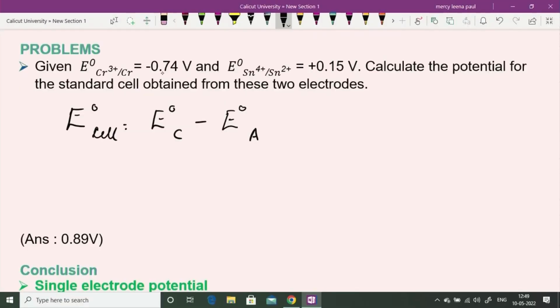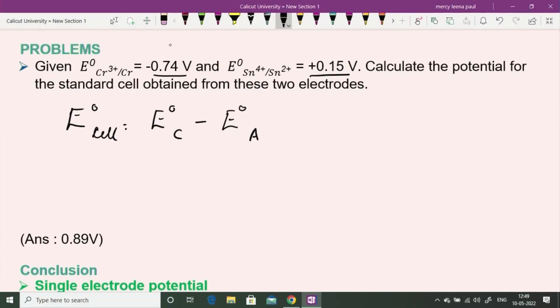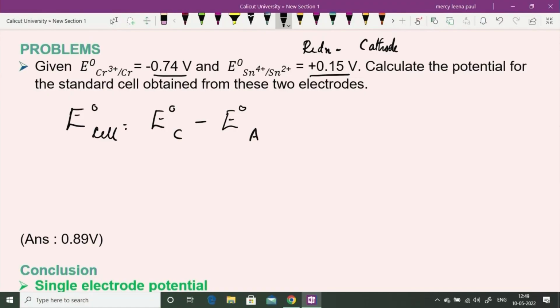Here we know when we compare these two, chromium and tin, tin has got higher reduction potential, and therefore, tin will undergo reduction. So, this will undergo reduction and this becomes the cathode, and obviously, chromium, which has got a lower reduction potential, will undergo oxidation, and that will be the anode.